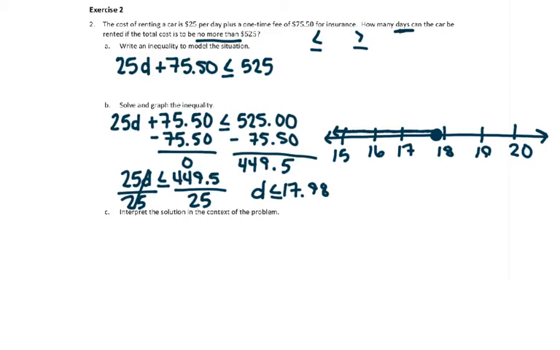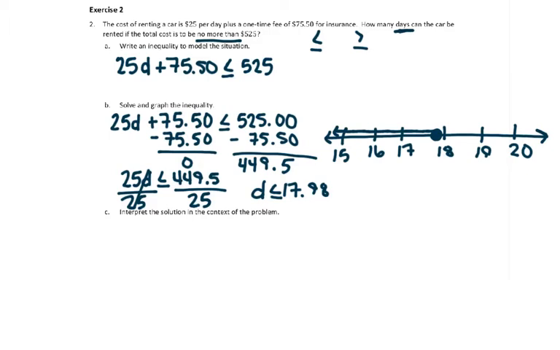And now we have to interpret the solution in the context of our problem. So again, they asked us how many days can the car be rented if the total cost is no more than $525. We cannot say that the car can be rented for 17.98 days. That doesn't make any sense.